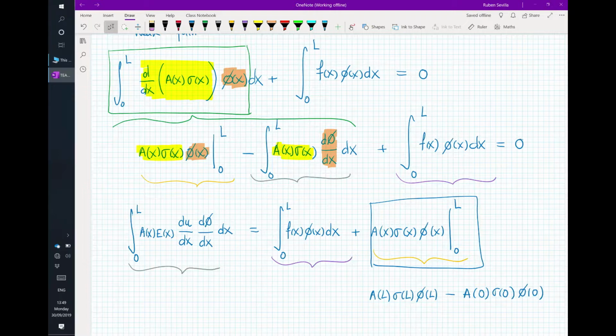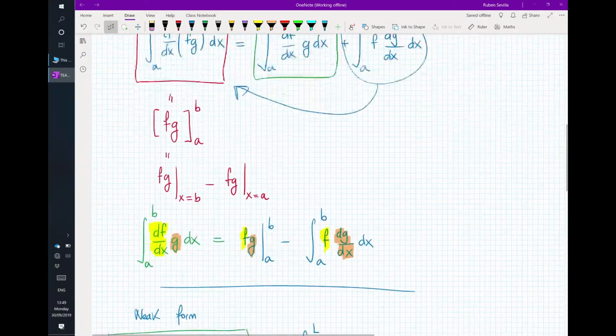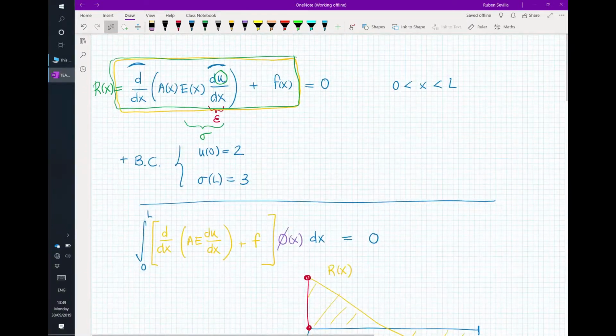We are decreasing the order of the derivative. I'll give you that. What he means is, correct me if I'm wrong, the original equation had second derivatives. Okay? You had dx outside and dx inside.